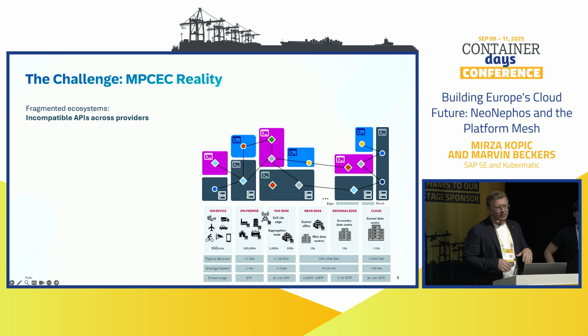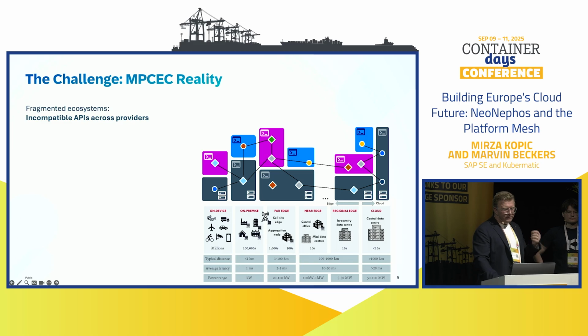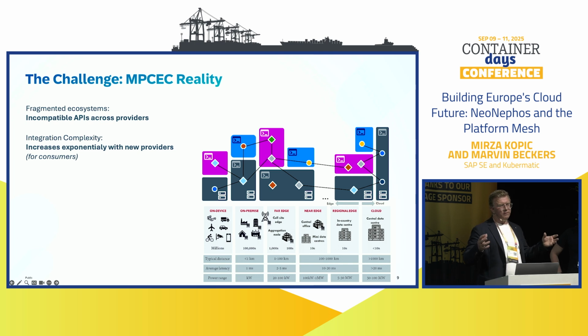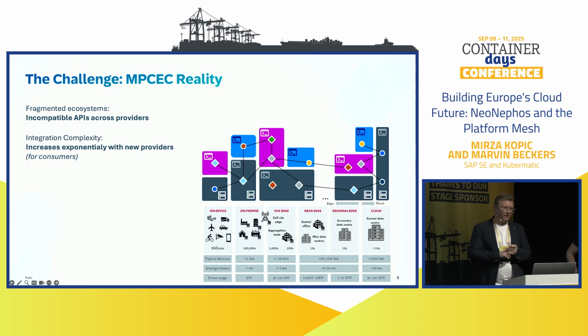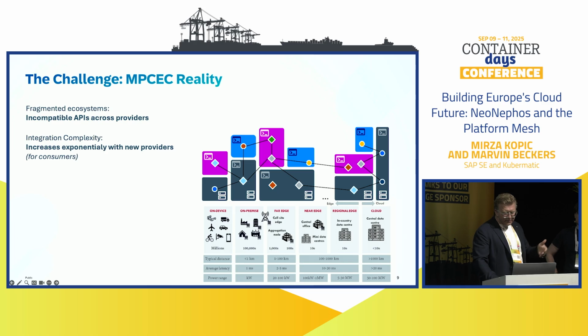Now, coming back to the context of the multi-provider cloud edge continuum, with this in mind, when you look at the larger level, not the microstructure but the macrostructure across providers, you have all those similar challenges. You have incompatible APIs across those providers. You have increasing exponential complexity.